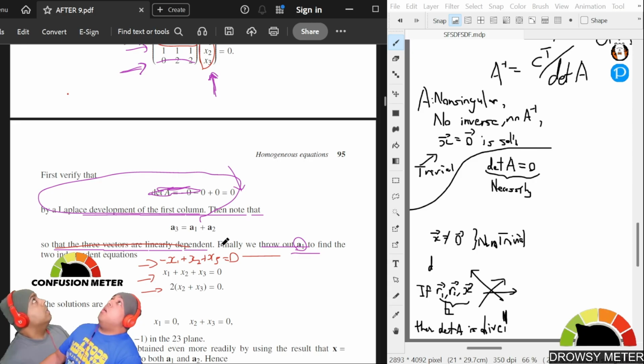Linearly dependent. We throw out A1 to find the two independent equations. Why are we getting rid of A1?